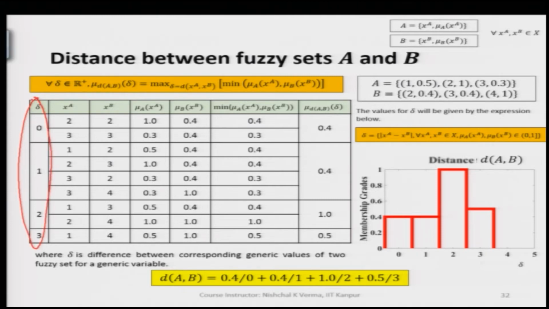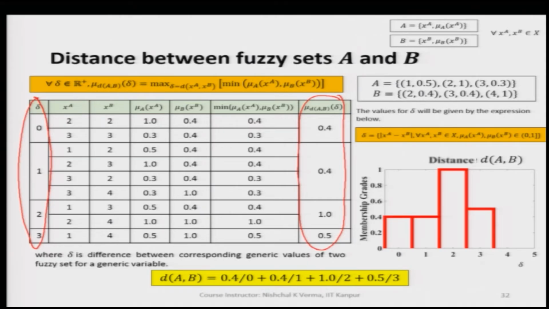When this table is complete, we pick all the delta values and all the mu d a comma b of delta values. So, these two, the first column and the last column.